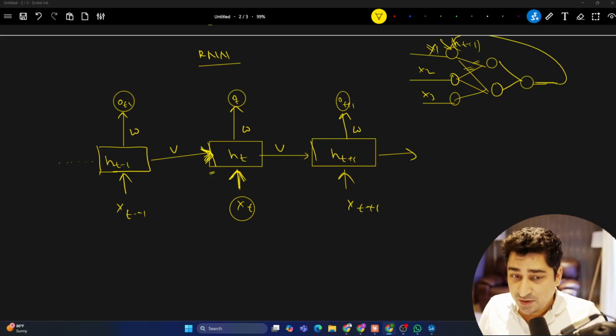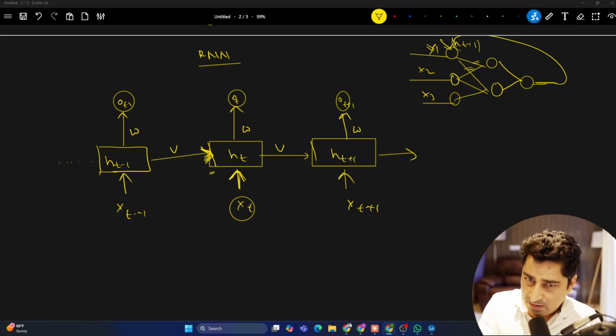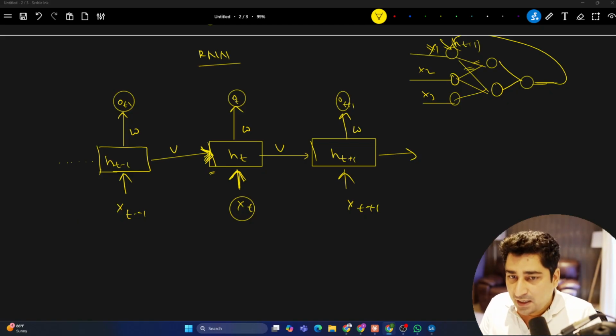So this is what we are talking about: why give just a current input? I'll try to give an input even from the previous output. And then maybe in this manner, I can train a network which will be able to understand something even from the previous output, which I'm providing as an input, and from the current input.